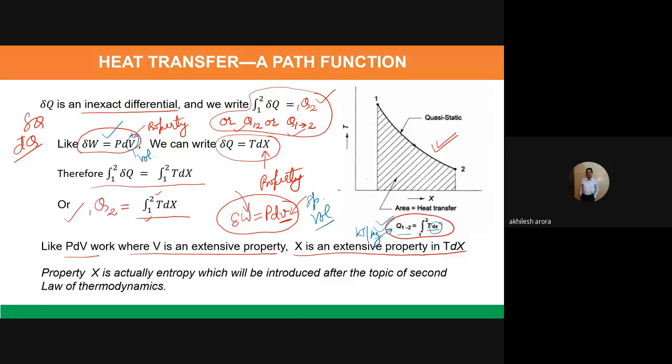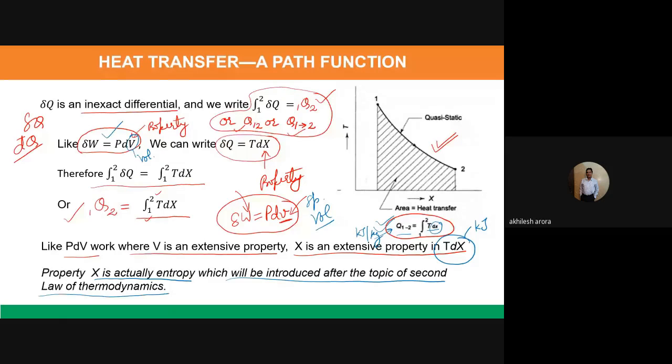But if you are writing capital TdX, okay, so here the unit of heat transfer will come out to be kilojoules. Now, what is this X actually? That you should understand. X is actually entropy. You know about entropy. You must have studied it during your 11th or 12th class, and it will be introduced after the topic of second law of thermodynamics.